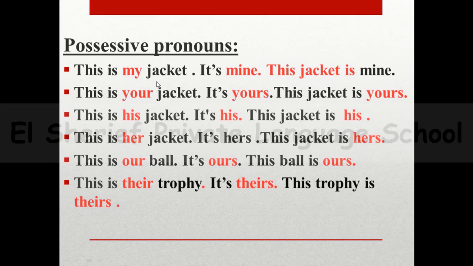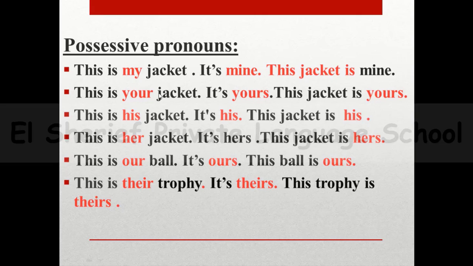Because the subject is I, and I can replace this by using the possessive adjective in the first sentence. So you should read the first sentence perfectly. The second sentence is this is your jacket.